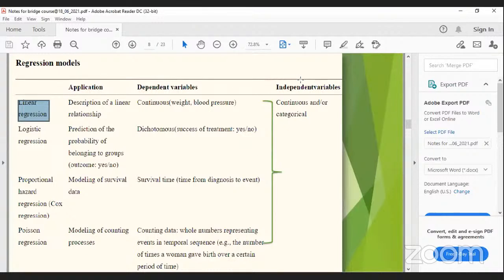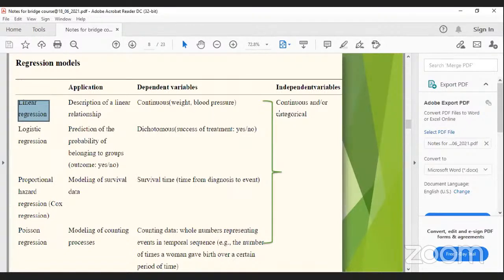Okay, so under linear regression, your data should be continuous, which can be weight, height, etc. An independent variable is also continuous, and in case it is discrete, if it is categorical, then there is some concept, we have to add a dummy variable under this category.